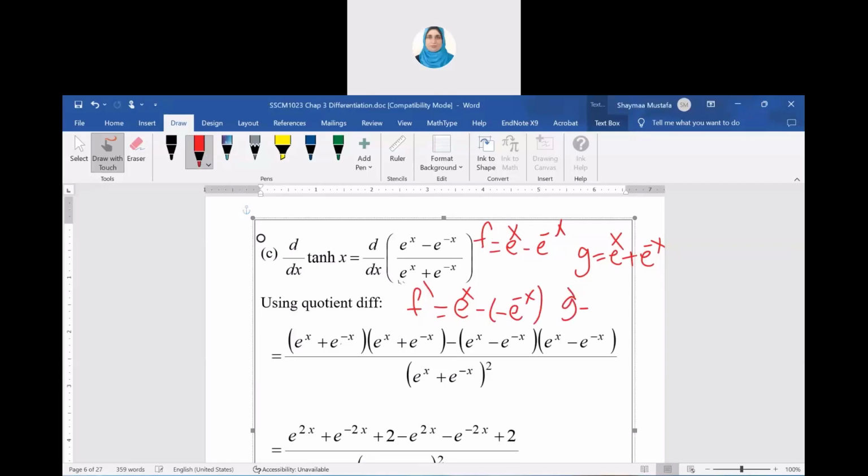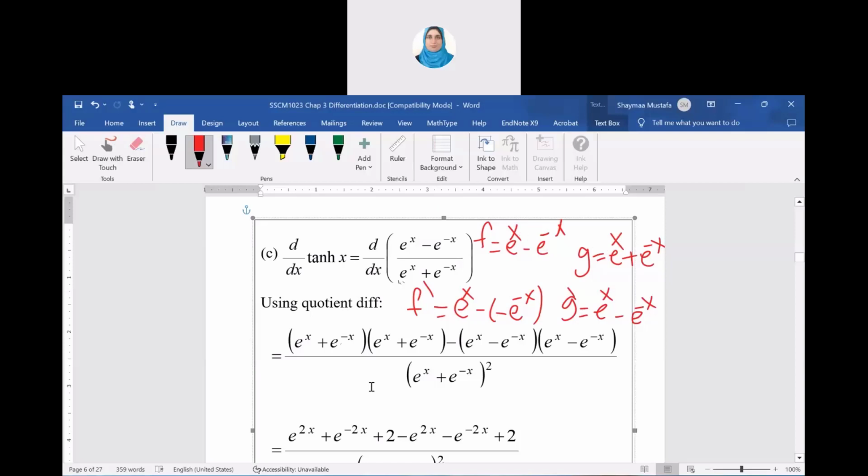Same for the derivative for g, which will be e^x minus e^(-x).